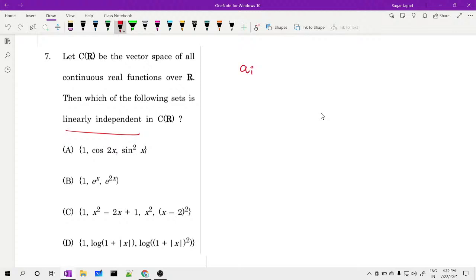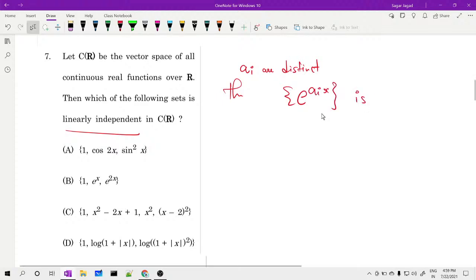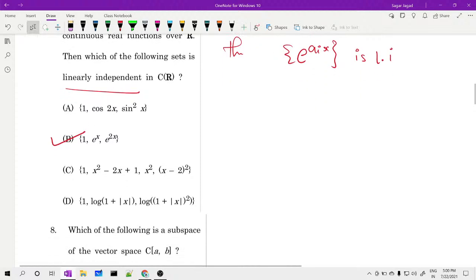If the a_i are distinct, then the set e^(a_i x) is linearly independent. So by using that result, this should be a linearly independent set. So we should not be worried about the rest of the part. Then it is easy, actually.